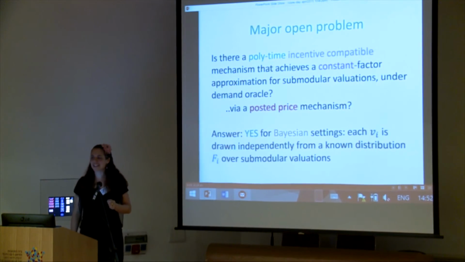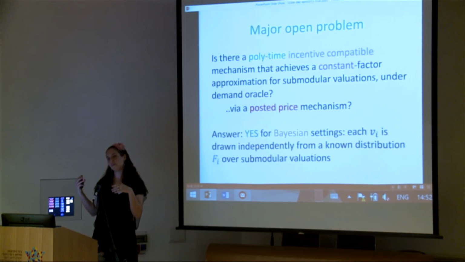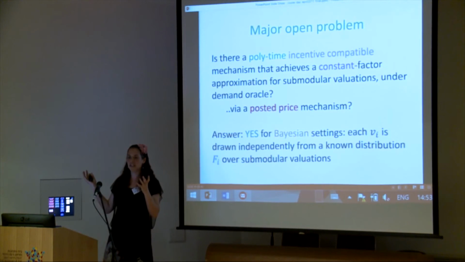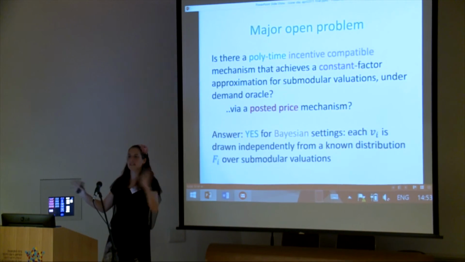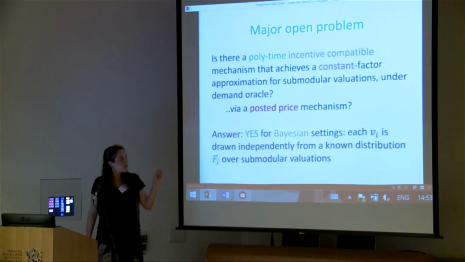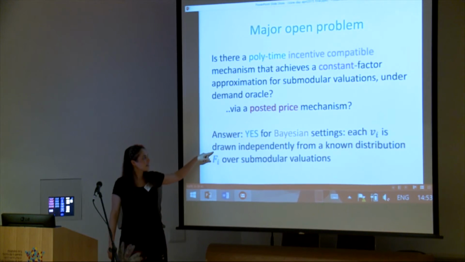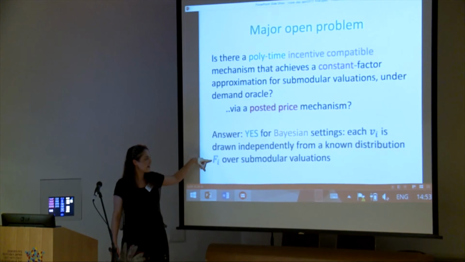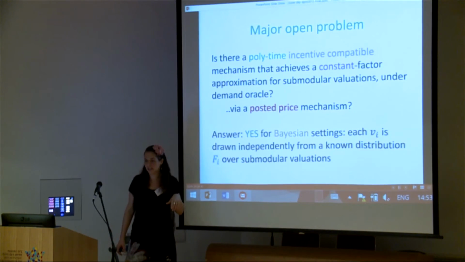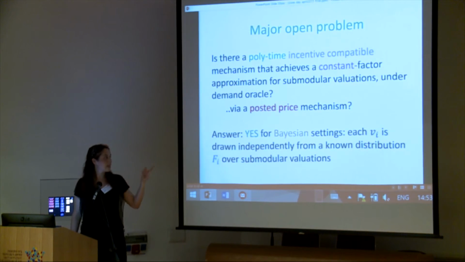So what is this Bayesian setting that we are dealing with? Before I talked about private information: each agent has his own valuation function, v_i, which is known to him, and the designer has no information and no access to this valuation. Now we relax this assumption a bit, and we say that each v_i is drawn independently from a known distribution F_i over submodular valuations, and the designer knows these F_i's.